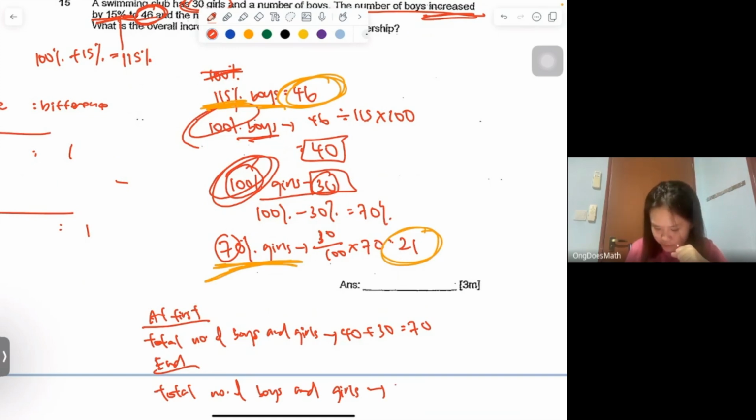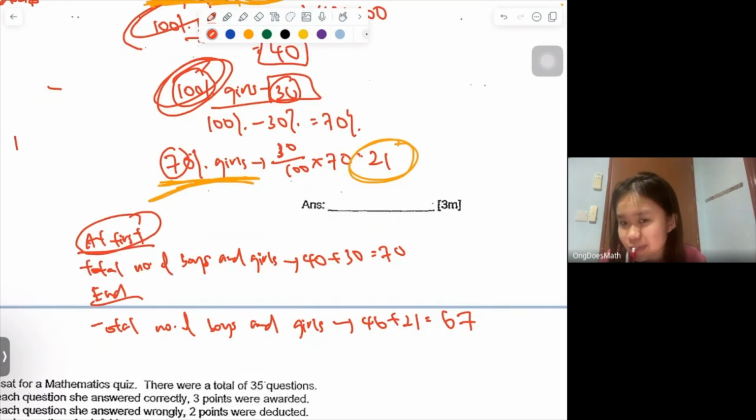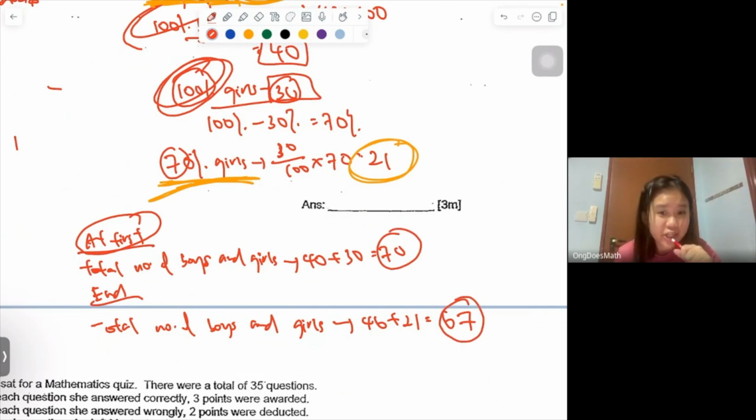So it will be 46 plus 21, which is 67. Okay, so what's the overall change, right? You can see that at first it's 70, in the end it's 67. So there's actually a decrease of 3. So overall, there's a decrease by 3. And that's your answer for that.